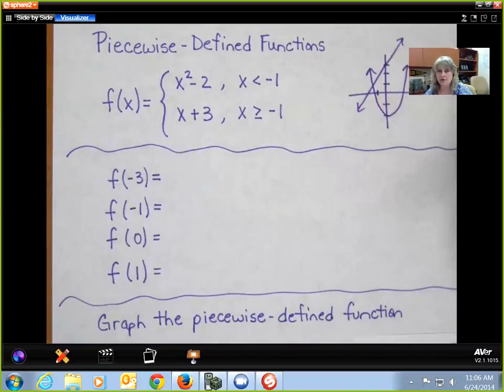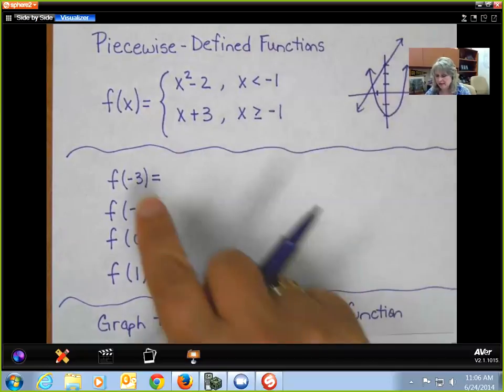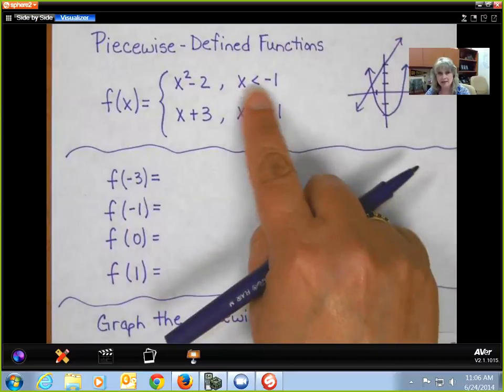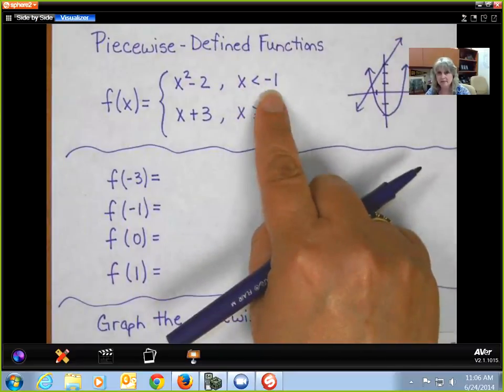Okay, so first of all, let's go ahead and do some evaluations. If they say evaluate f of negative 3, what does that mean? You have to decide which equation you're going to use. So if x is negative 3, you ask yourself, which equation do I use? Is negative 3 less than negative 1? Yes.